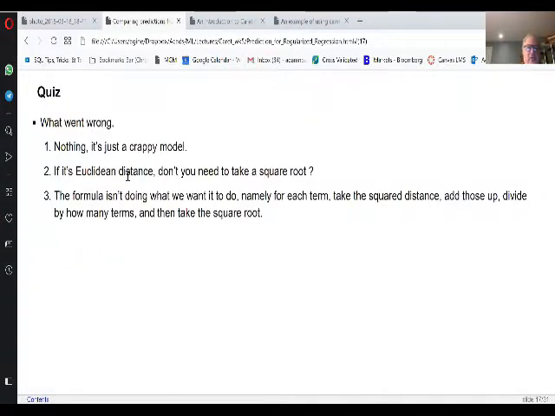And 3, the formula isn't doing what we wanted to do, namely take each term, compare the predicted value and the actual value, square it, add those up, divide by the number of predictions you have, and then take the square root. So that's the first quiz, and those are your choices: just a crappy model, shouldn't there be a square root somewhere, and I didn't do anything particularly well.